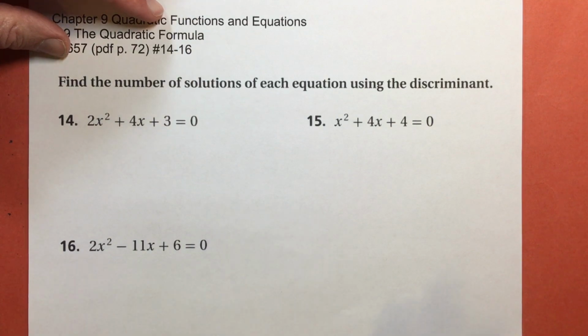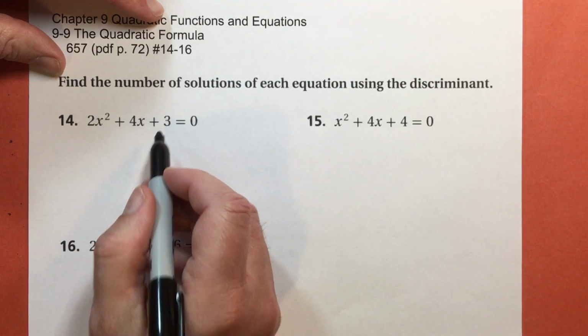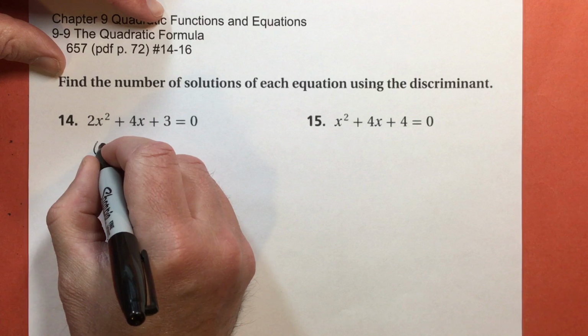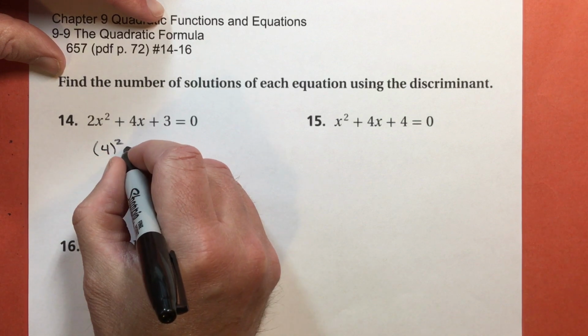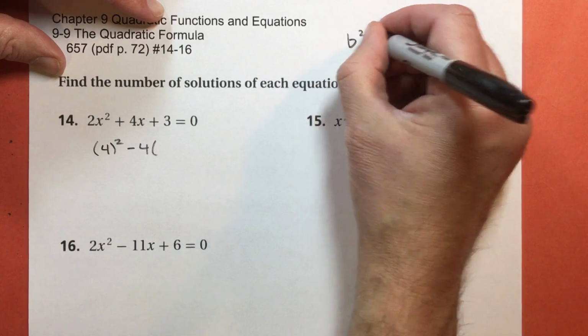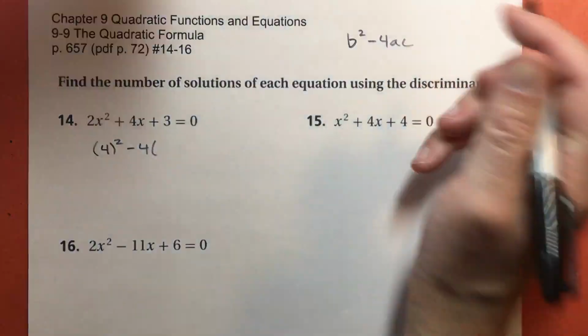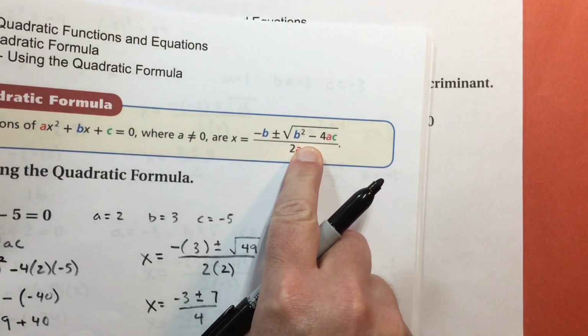All right, so all we're going to do is the discriminant. We're not going to solve. My A is 2, my B is 4, and my C is 3. So I'm going to do 4 squared, subtract 4. Oh, and by the way, I should have written it, B to the second power, subtract 4AC. You've seen that before. It's the part that's under the radical.